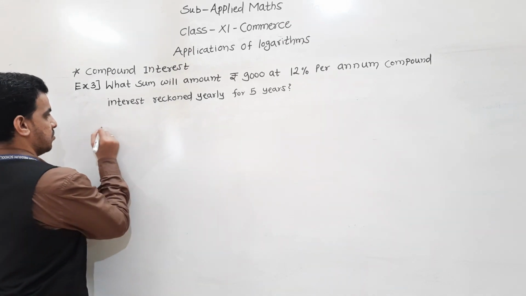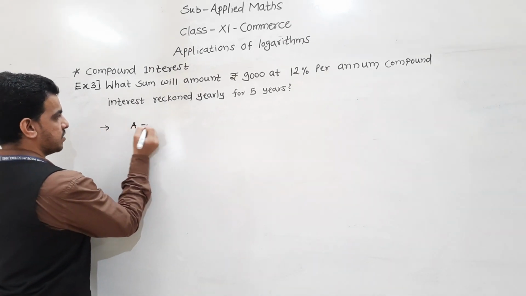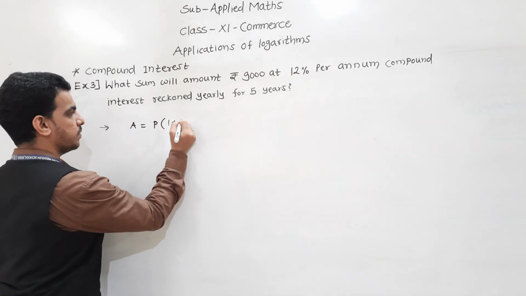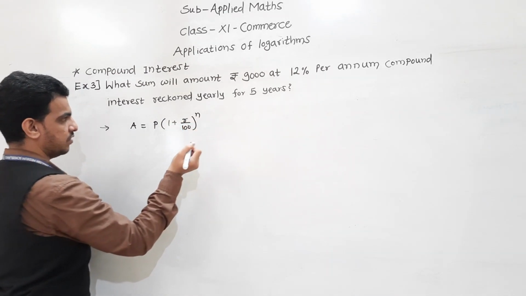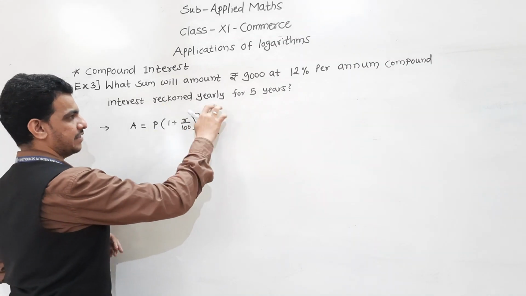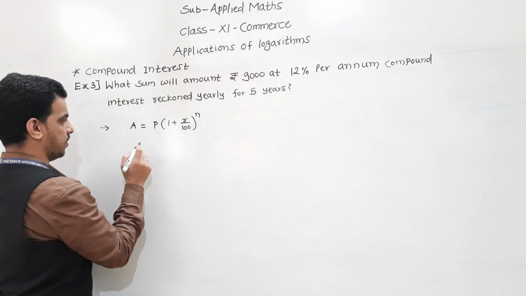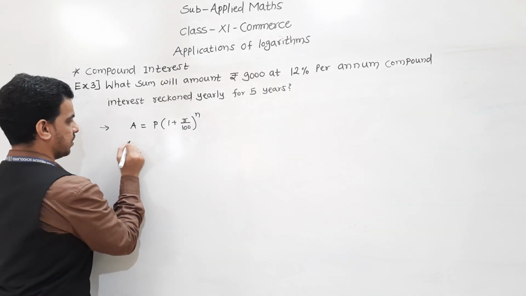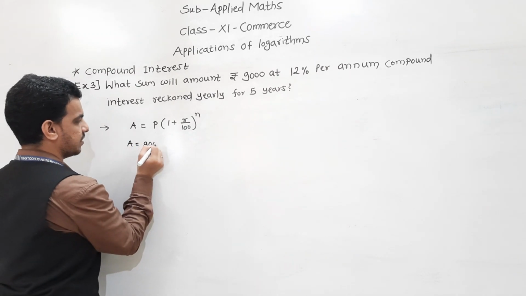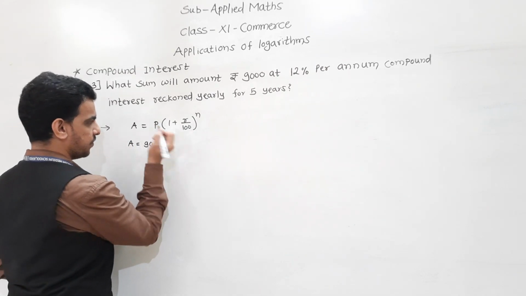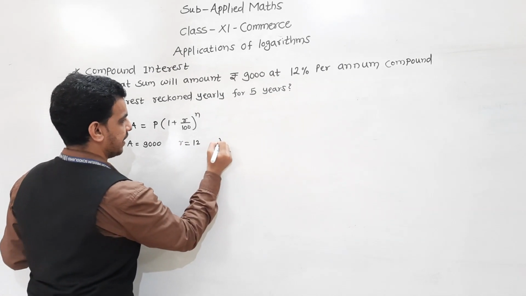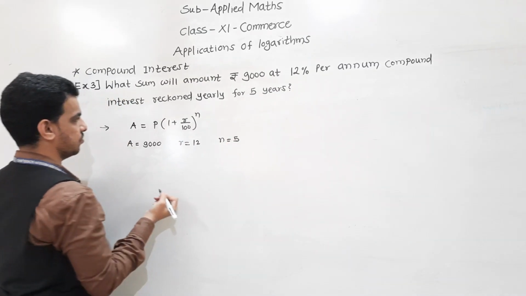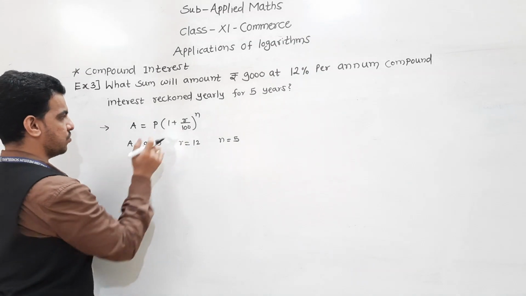Okay, so formula is amount is equal to P into 1 plus R by 100 raised to n. Okay, here it is reckoned yearly, so this is formula. So what is given? Amount is given 9,000. Principal we have to find. R is equal to 12, n is equal to 5. Okay, now we have to put all these values here.